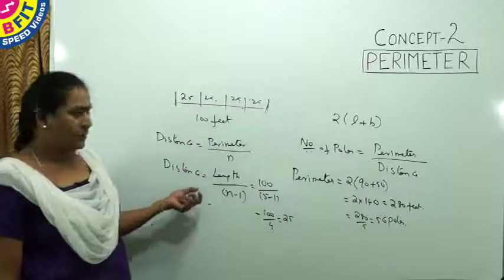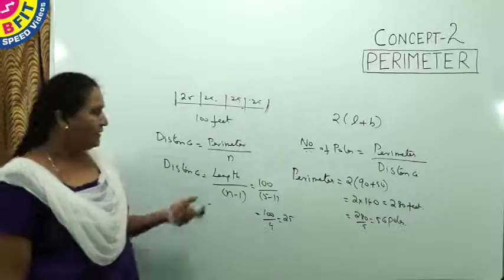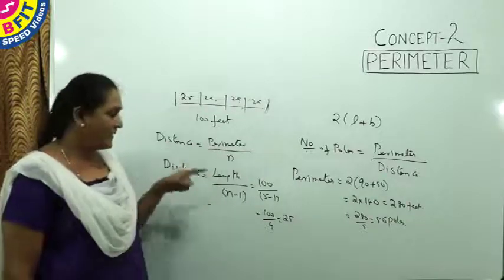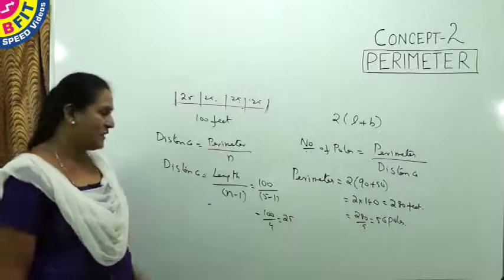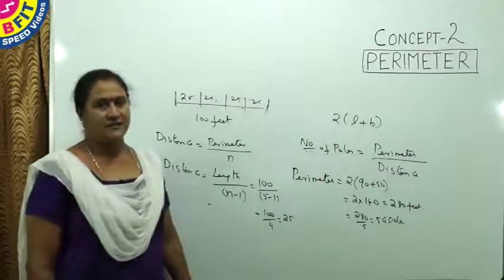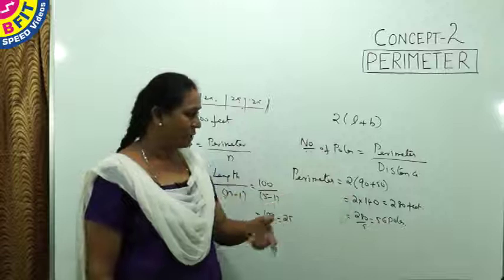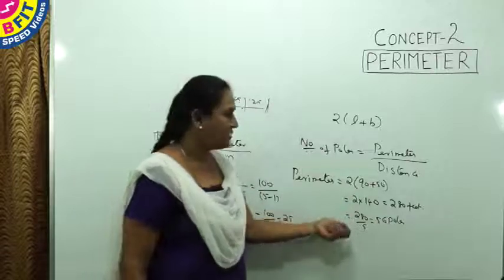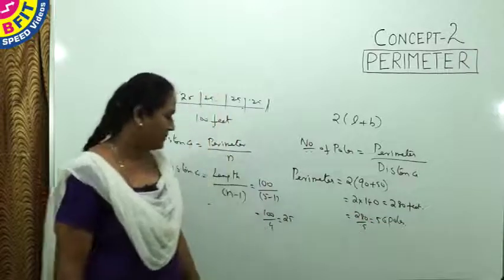So whenever you are working out for length, please remember, when it is a perimeter, divide by number of poles. When it is a length, divide by n minus 1, number of poles minus 1, and we get the distance. And number of poles is perimeter by distance.